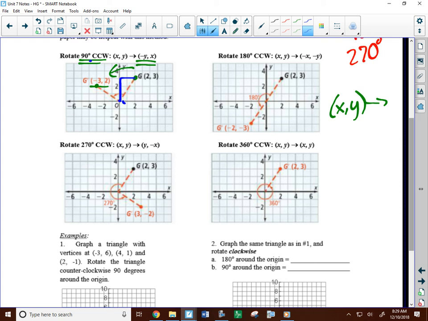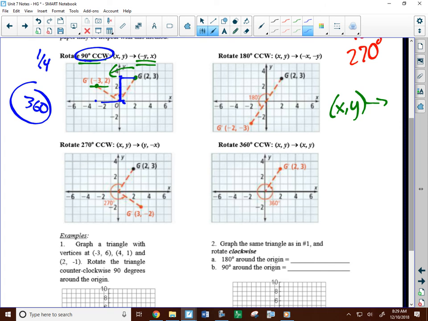Now, here's what I do. I just think about it. Are we good that all the way around is 360? So 90 is a fourth, 180 is halfway around, 270 is 3/4 of the way around. 360 would be an entire rotation. So 90 is 1/4 of that. And I just go one axis counterclockwise. So I'm along this axis now.